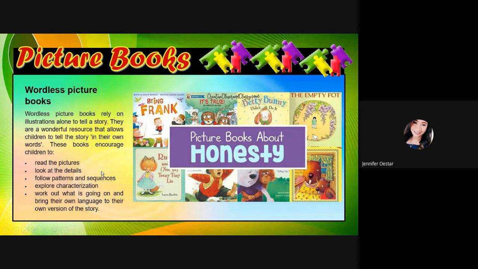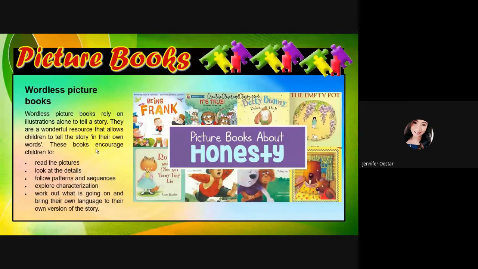kanina na mostly na-honor sa Bring Me activity natin, because the essence of picture books is to emphasize on pictures. So here, wordless picture books rely on illustration alone to tell a story. They are wonderful resources that allow children to tell the story in their own words.